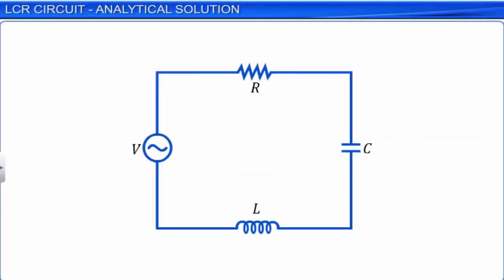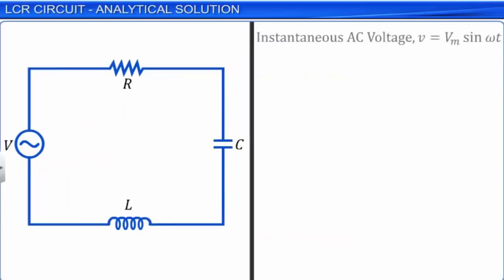Consider a circuit comprising of a resistor of resistance R, a capacitor of capacitance C, and an inductor of inductance L connected in series to an AC source, which applies a voltage V equal to Vm sin omega t at any instant of time t.